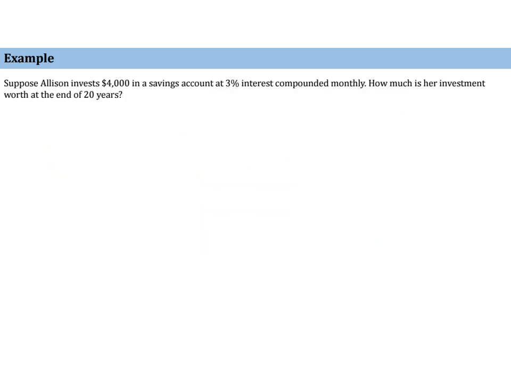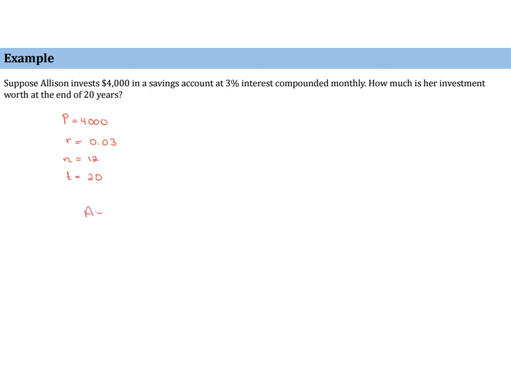So let's look at this. Allison invests $4,000. So P is 4,000. The interest rate is 3% compounded monthly. So 0.03 is R. N is going to be 12 because it's compounded monthly. And so we want to know after 20 years.